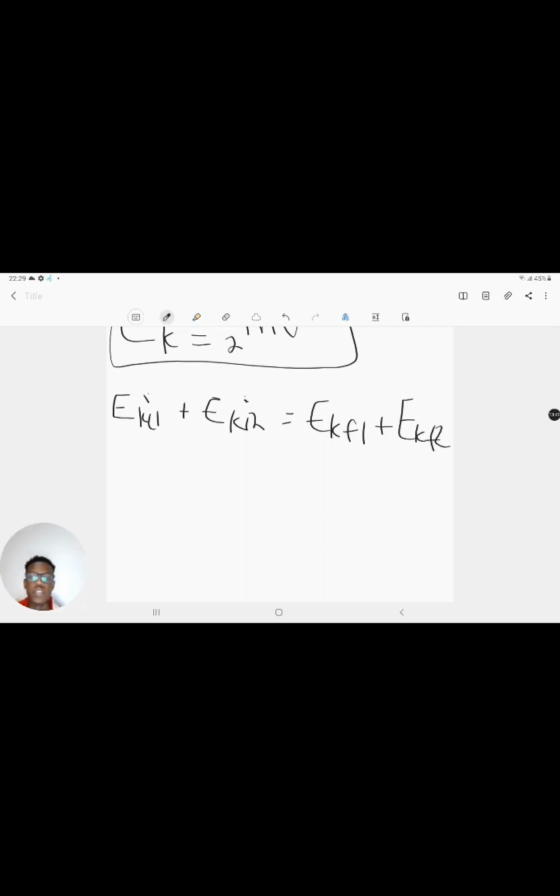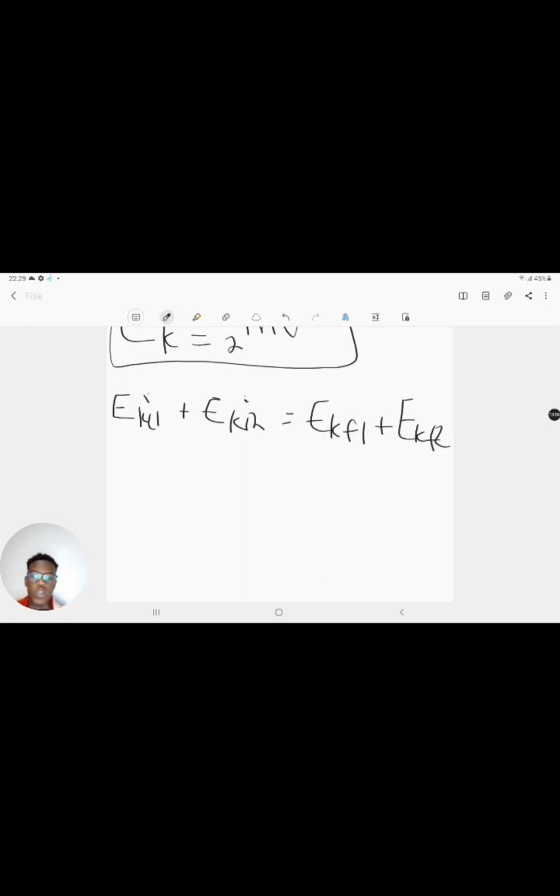That's all that it is. This is exactly the way we did it for conservation of momentum, but because our collision is elastic, this is conservation of energy. The energy does not change, it is conserved.